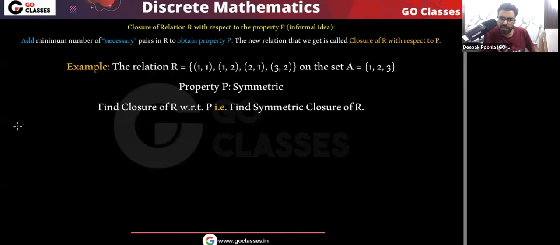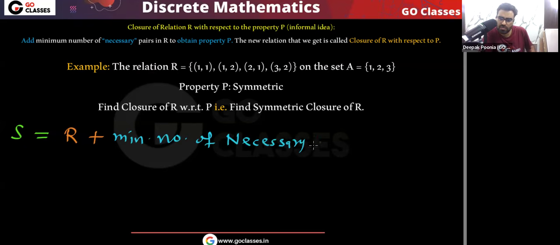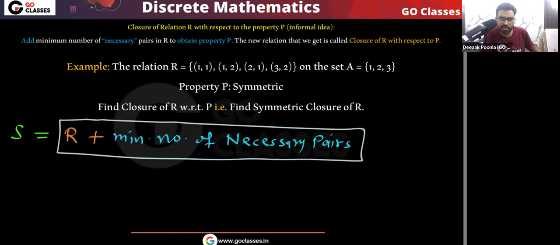Okay, so tell me again the same thing. What is S? S is the new relation, which is equal to R plus the minimum number of necessary pairs, such that the symmetric property we must obtain.